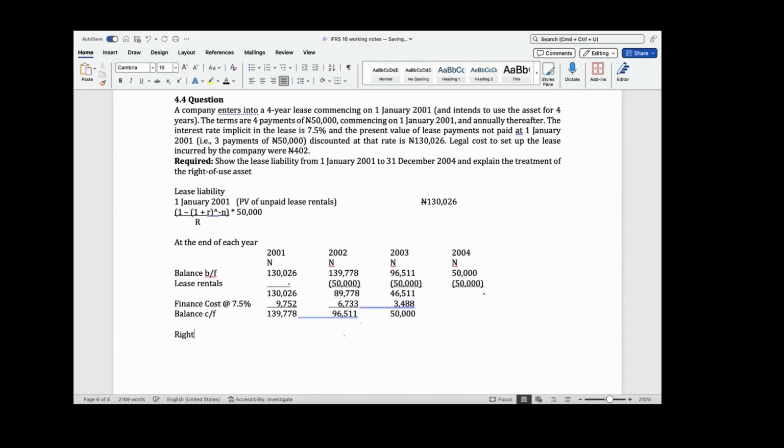For the right of use assets, you measure it at the PV of unpaid lease rentals, which is 130,026. You would add amounts paid at the commencement date, which is 50,000.